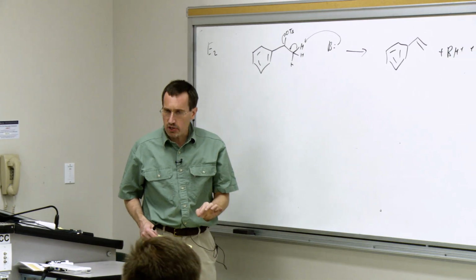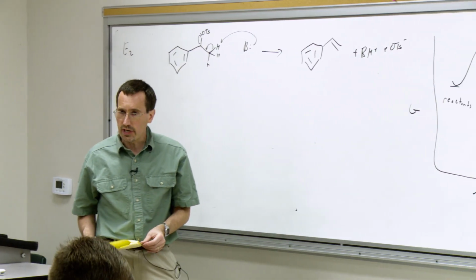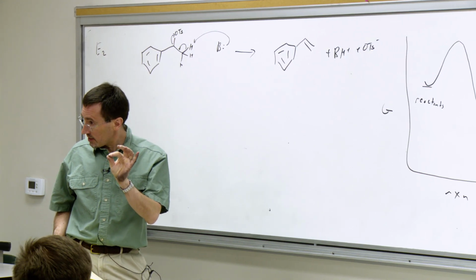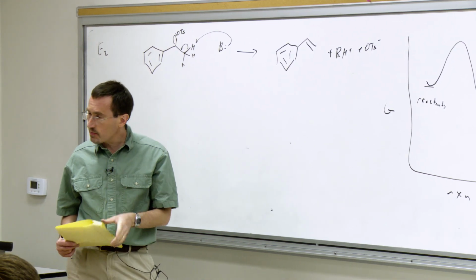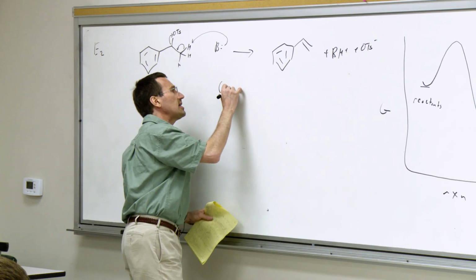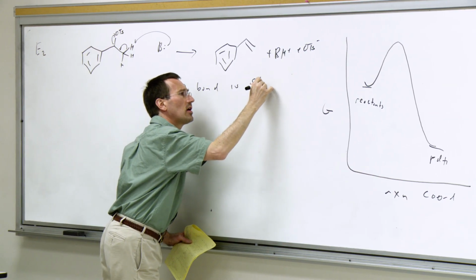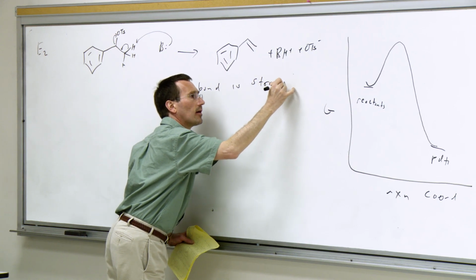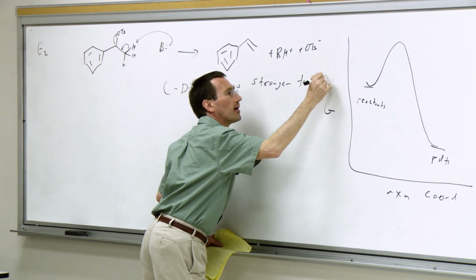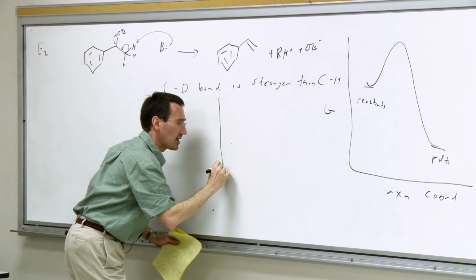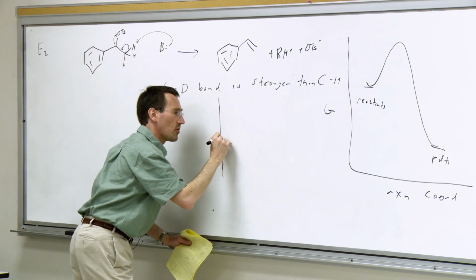Now, something very special about deuterium. CD bonds are stronger than CH bonds, but for a very special reason. So I'm going to write CD bond is stronger than CH. It is and it isn't. Let me show you what I mean.